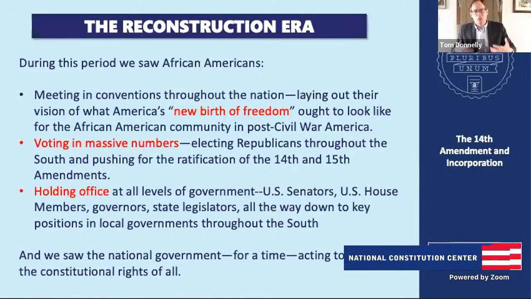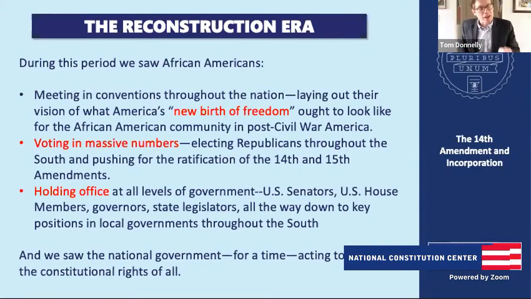And we'd also see the reemergence of white Southern rule throughout the South, which brought with it the Jim Crow system of segregation, which was a mix of laws, intimidation, and violence that really imposed second-class citizenship on African Americans. And so that's the two sides of this period.